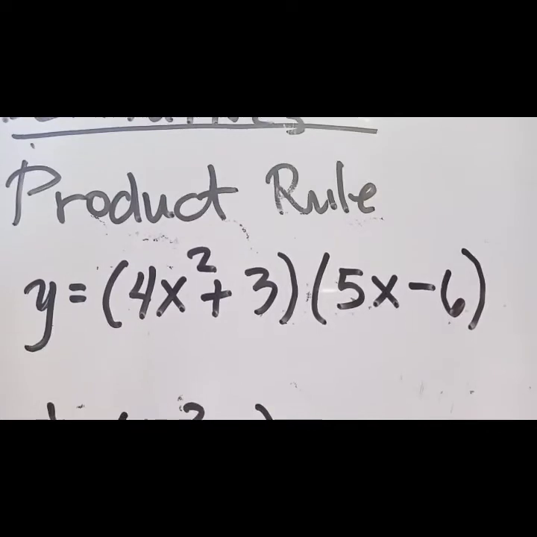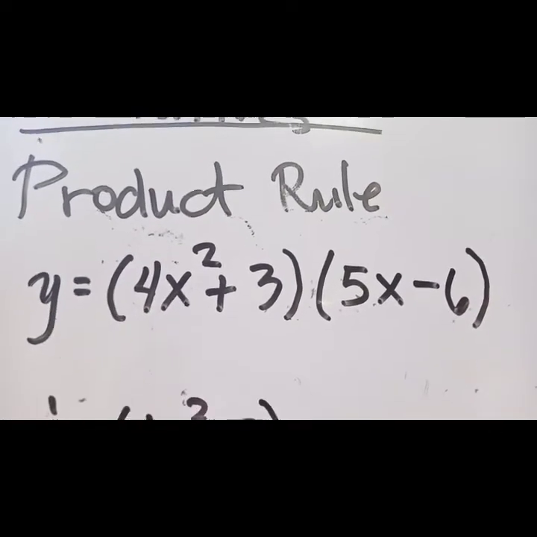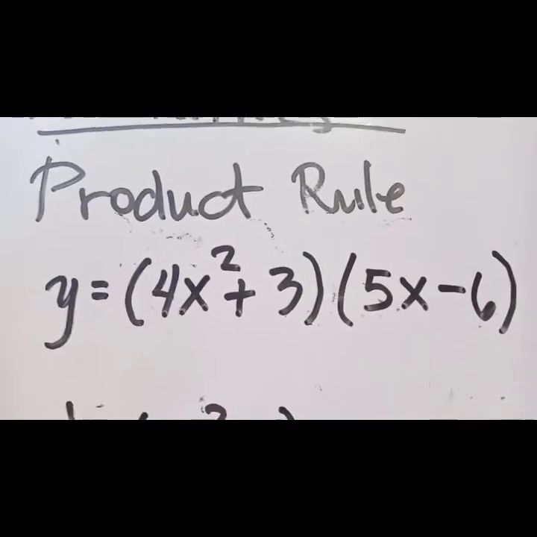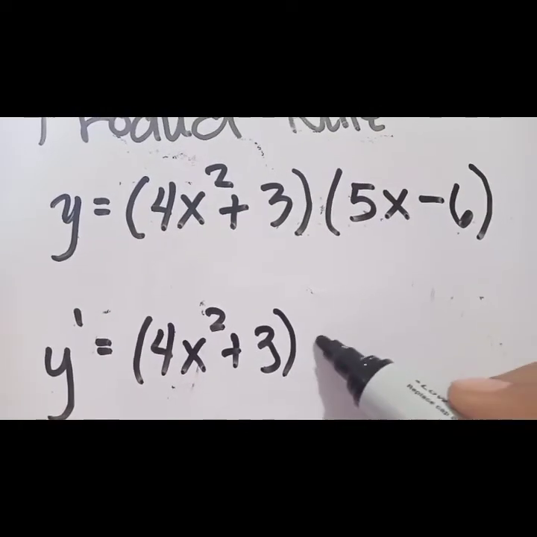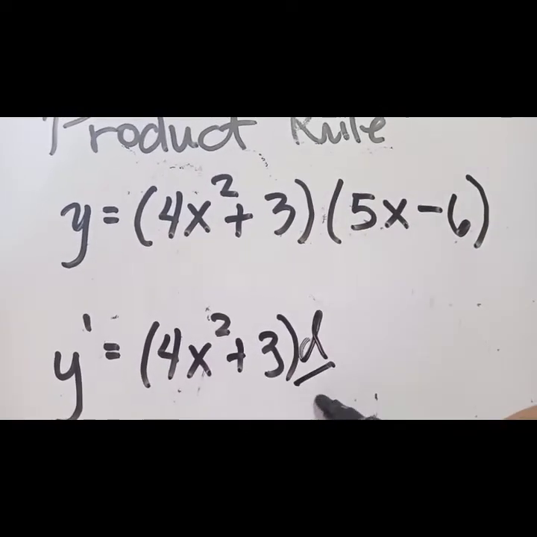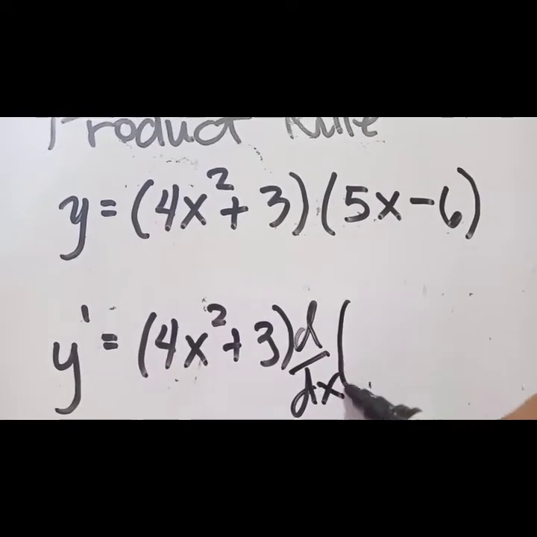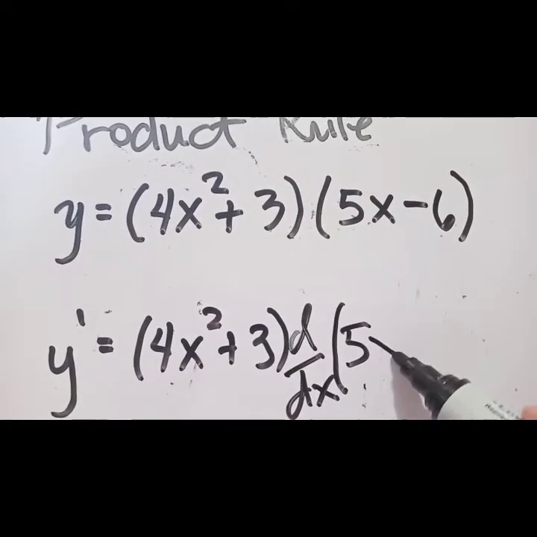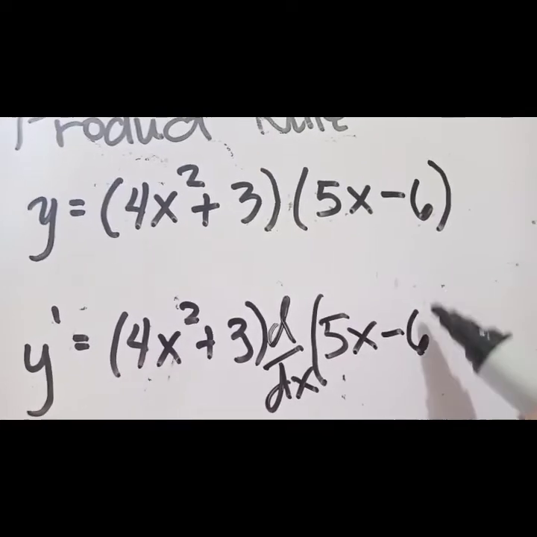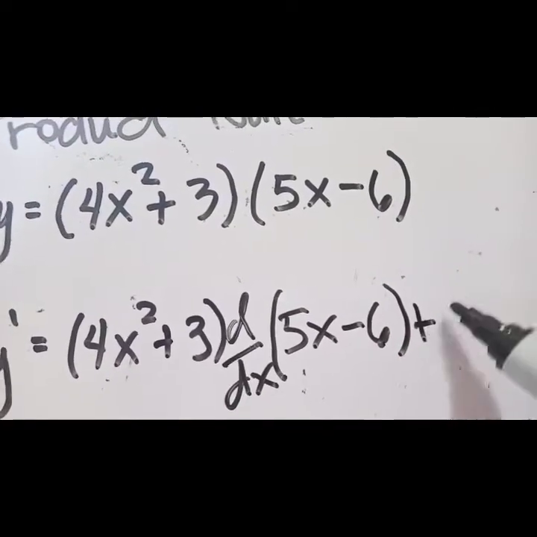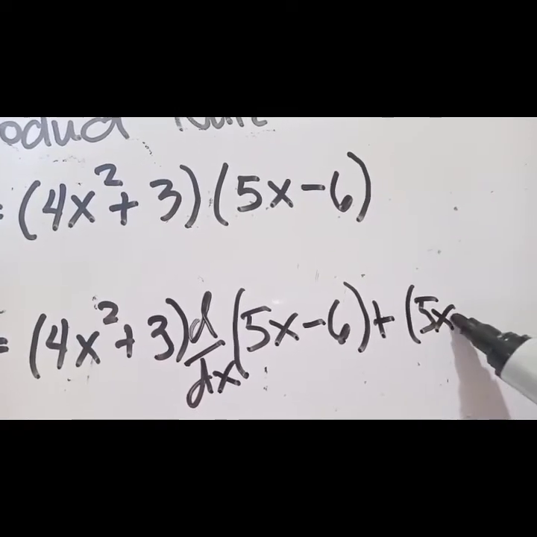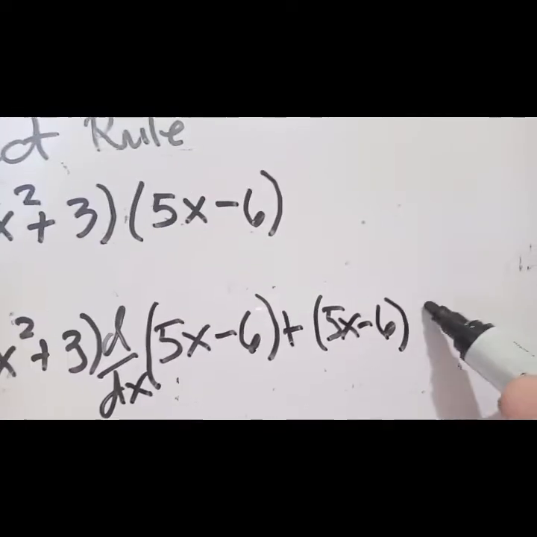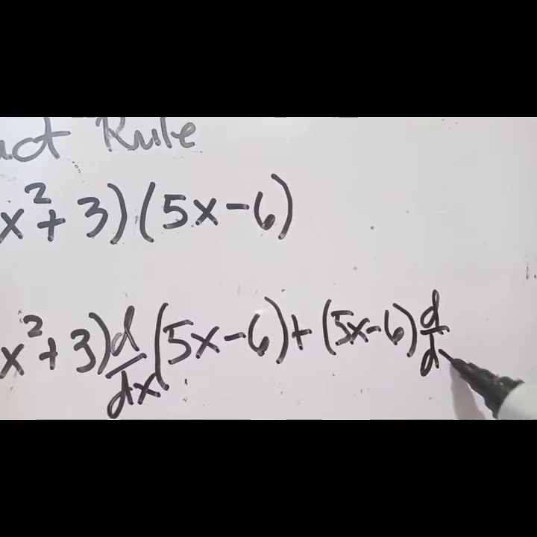Okay, sige nga, ating i-check kung tama ang inyong sagot. Ang ating first function is 4x squared plus 3. The derivatives of the second function, we have 5x minus 6 plus, rewrite the second, we have 5x minus 6, derivatives of the second.